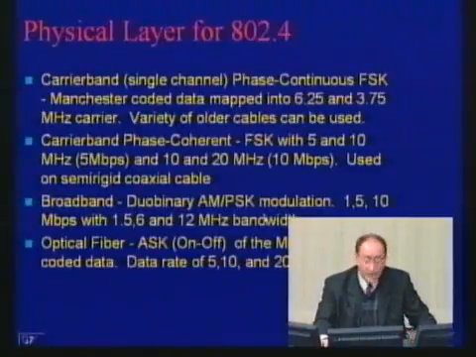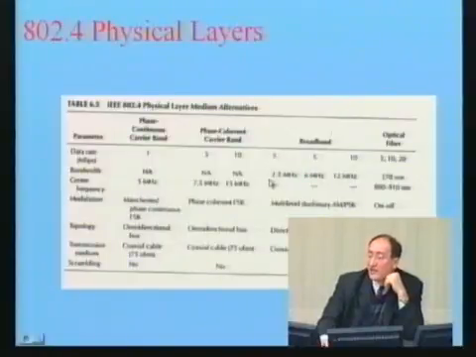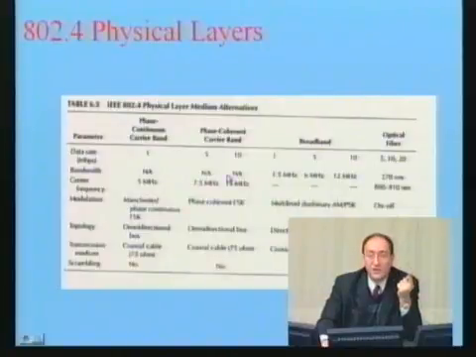Okay? Now, but when I come to the broadband, a standard specifies the bandwidth. Okay? 1.5, 6 megahertz, 12 megahertz for what? 10, 5, and 1. When I come to carrier band, they don't specify the bandwidth. Okay? The reason that they don't specify the bandwidth is that in carrier band, I have only one user. You go and design whatever you want to do.